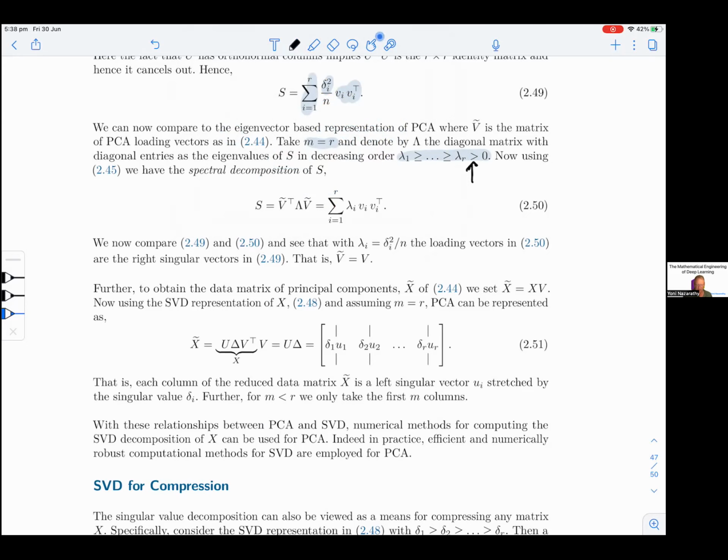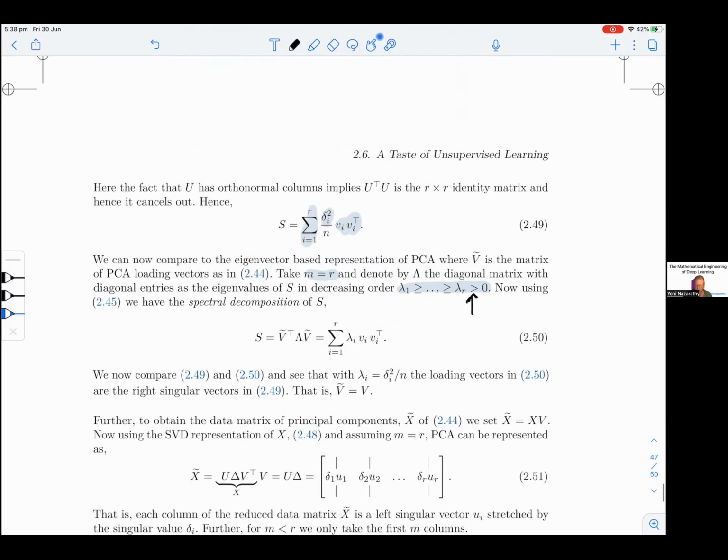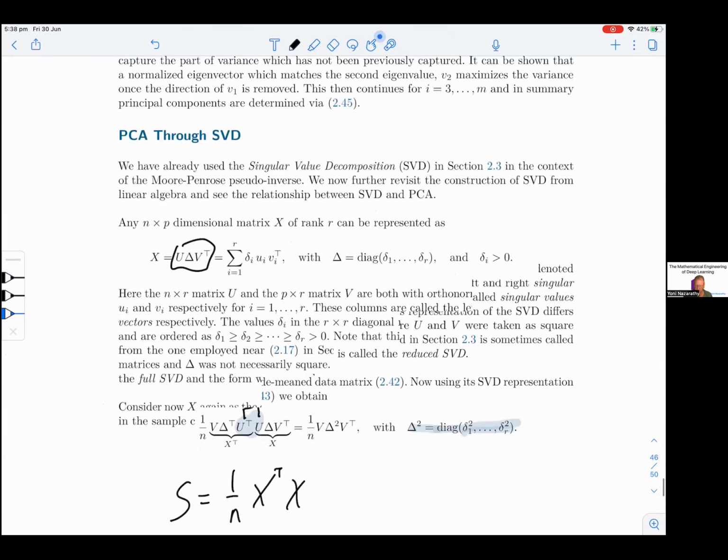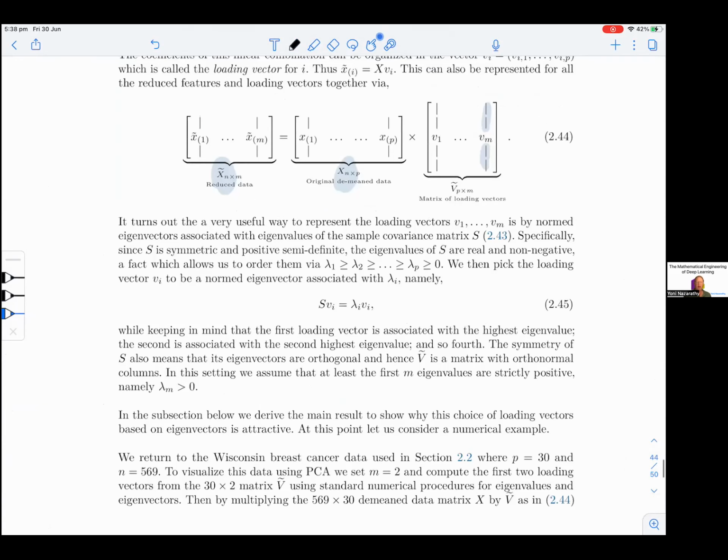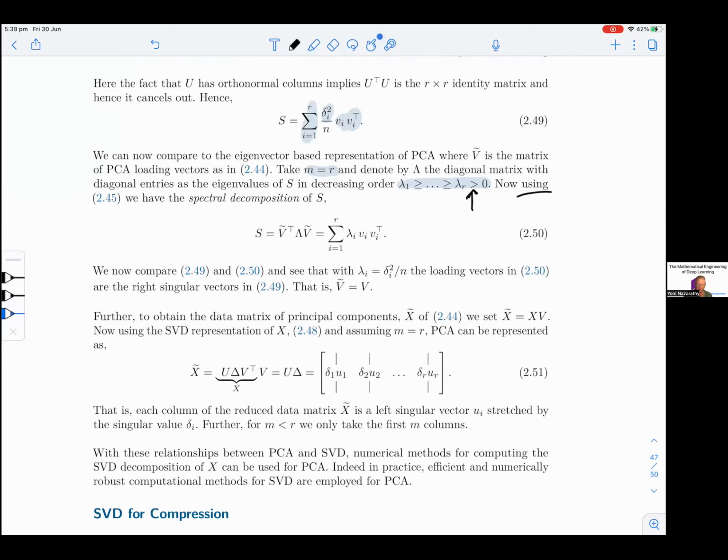Now using 2.45, which was here, 2.45 is simply the eigenvalue-eigenvector equation for the matrix S. Using 2.45, we have the spectral decomposition of S. You can always do a spectral decomposition of S, which is V tilde times lambda times V tilde transposed, and this is what you call the spectral decomposition of a covariance matrix in this case.